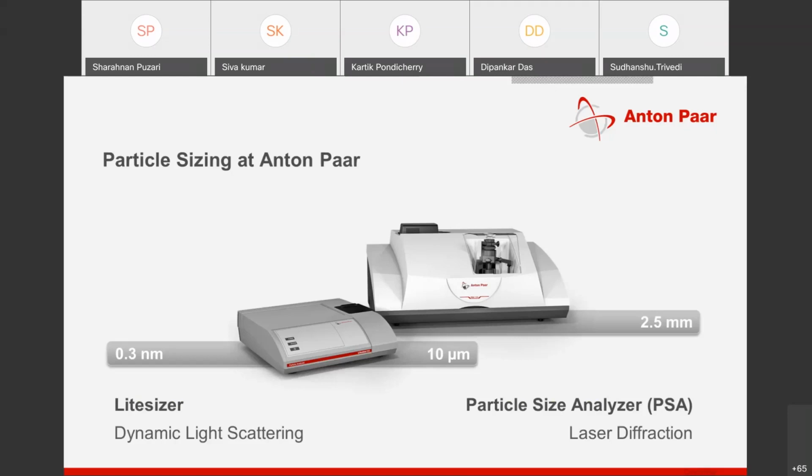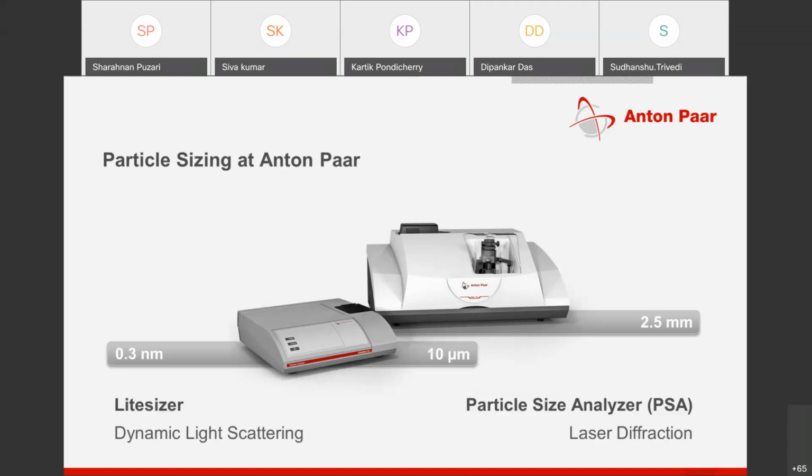And you can do zeta potential and stability tests of your samples in this system. And both systems go to the petroleum industry. The major system is the particle size analyzer, which is used for catalyst, oil in emulsion, emulsion in oil, and for these kinds of products, they are using particle size analyzers.